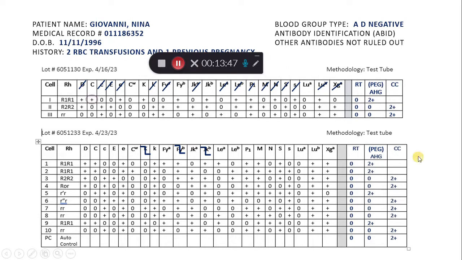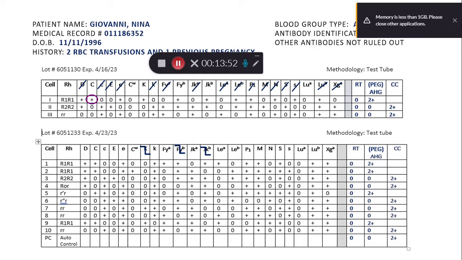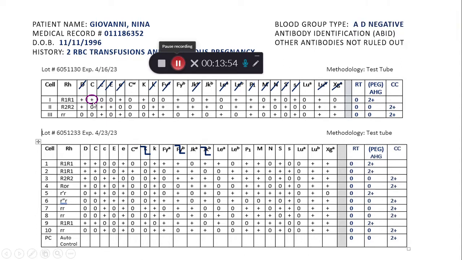So on cell 1, that screening cell expresses the big C antigen. Our patient reacted with it. Cell 1, 2, 5, and 9 on the panel all express the big C antigen, and our patient reacted with 2+ strength of reactivity with all 4 of those cells.